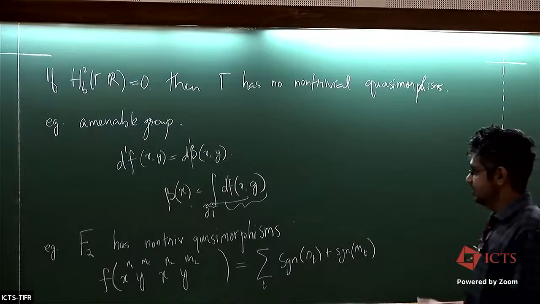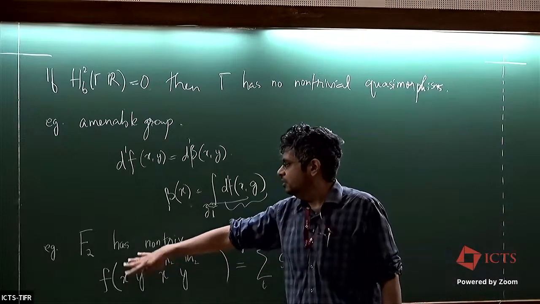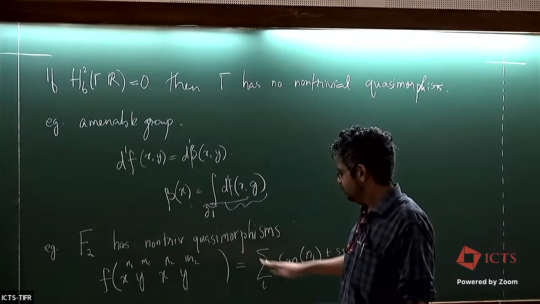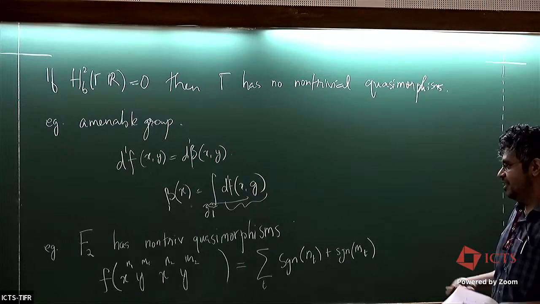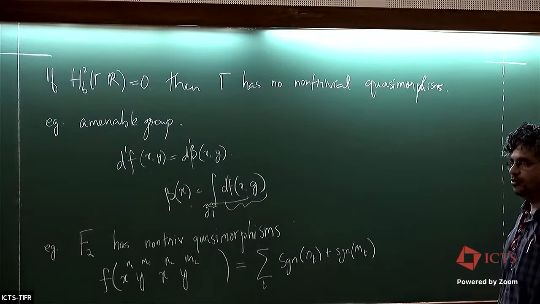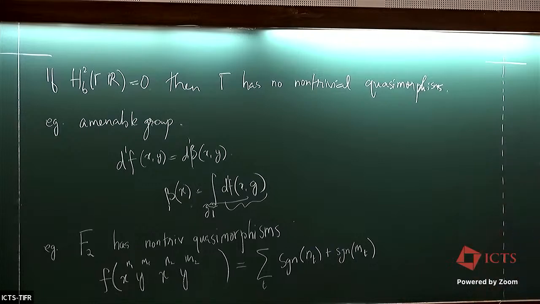The first is that this is a quasimorphism. For that, you just have to take f of two elements, minus f of their product, and then you need to show that this is far away from any homomorphism. It's an interesting homework, but it's not relevant to us right now.